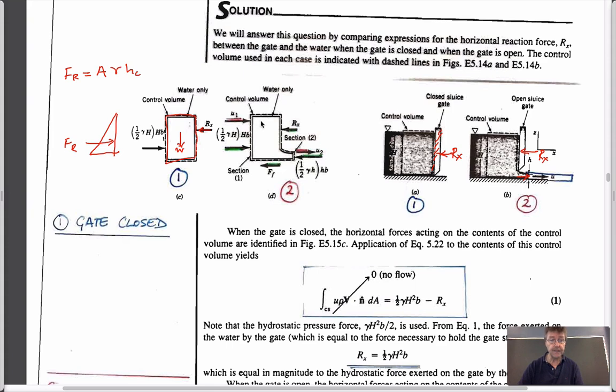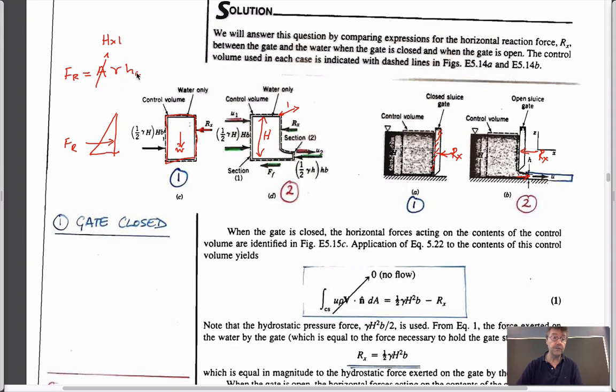If this thing is of height h, which I think it is, and of length, I don't know, length 1 into here, so this is 1, then the area is just going to be h times 1.